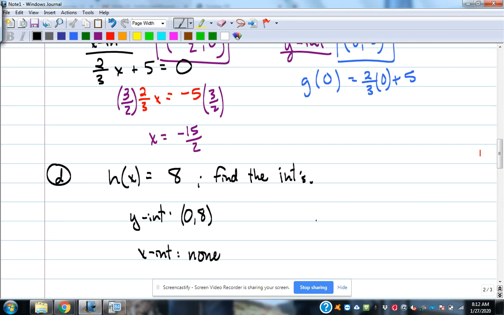So your domain is from negative infinity to positive infinity. The range, because it's a horizontal line, is going to be 8, and you use brackets because it's included there. They didn't ask for that in the original problem, but just being aware of those things is very important.